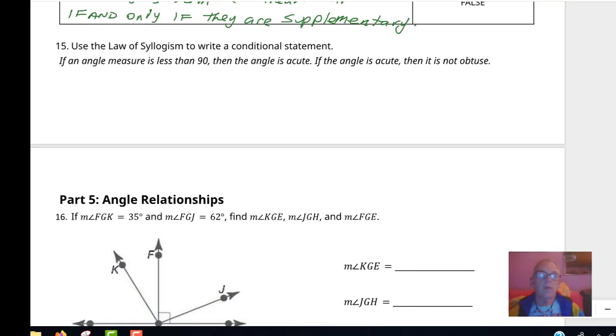Okay, let's look at number 15. Use the law of syllogism to write a statement.